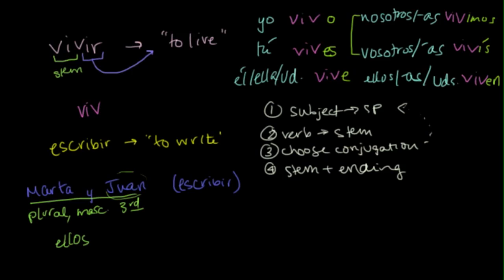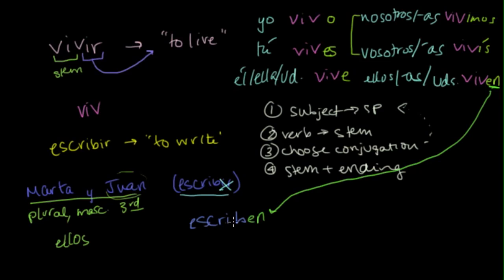Step number 2 is to identify our verb, which we see is escribir, to write, and just drop the infinitive ending, drop the IR, so we're left with our stem. And then we need to choose our conjugation ending, which for ellos is en, and we just add that right to the end of our stem. So we have escriben, so Marta y Juan escriben, Marta and Juan write.